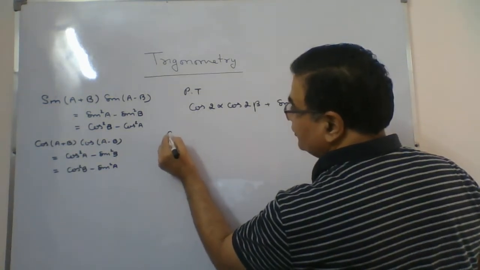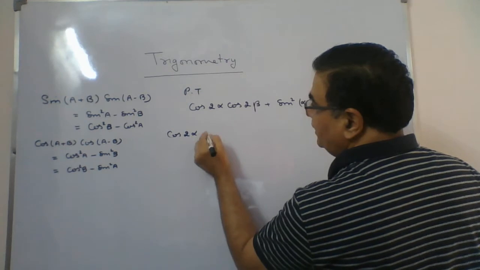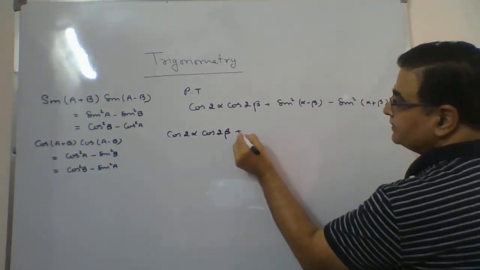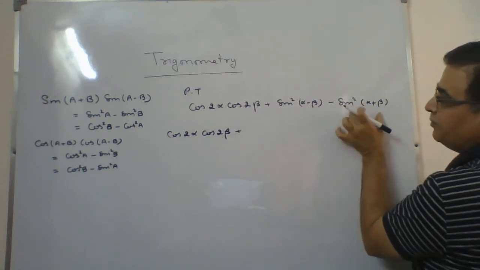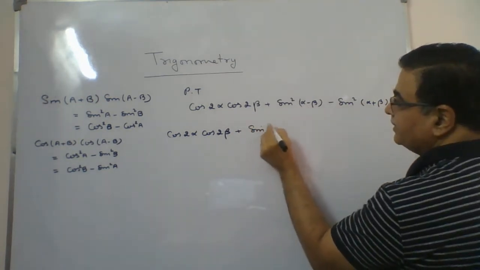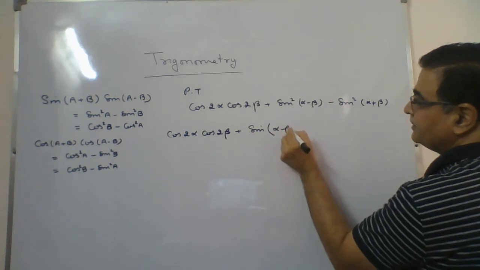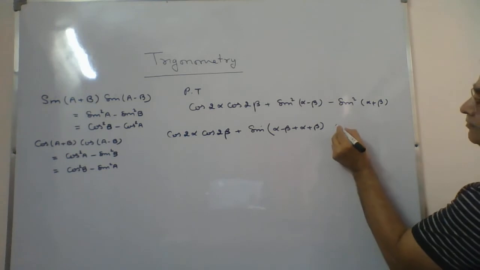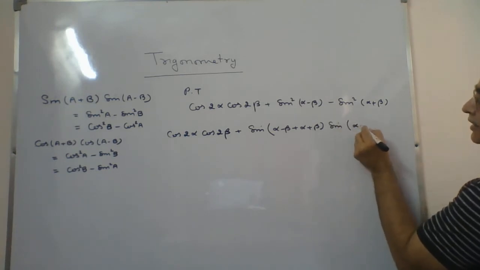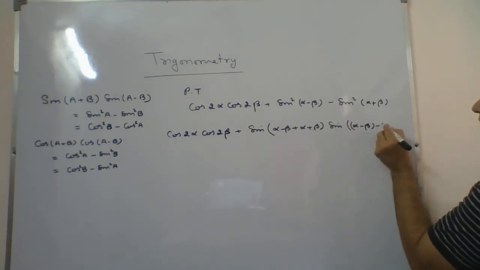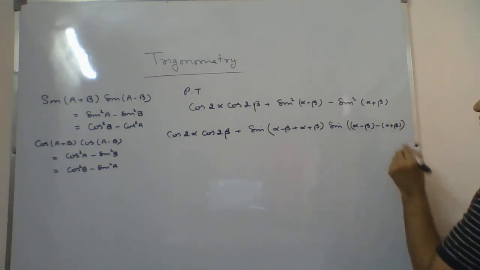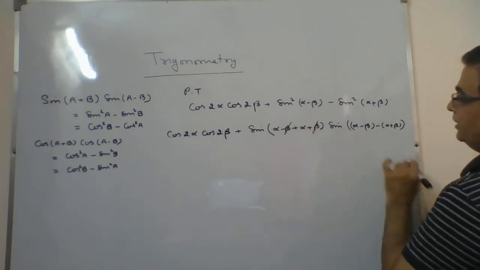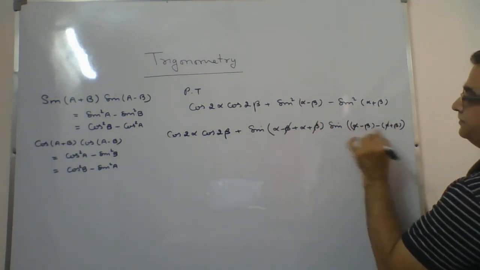So we start with cos 2α cos 2β, then plus sin(A + B), where A plus B means α − β plus α + β, then into sin(A − B), which is α − β minus α + β. Here β gets cancelled out, here α gets cancelled out.